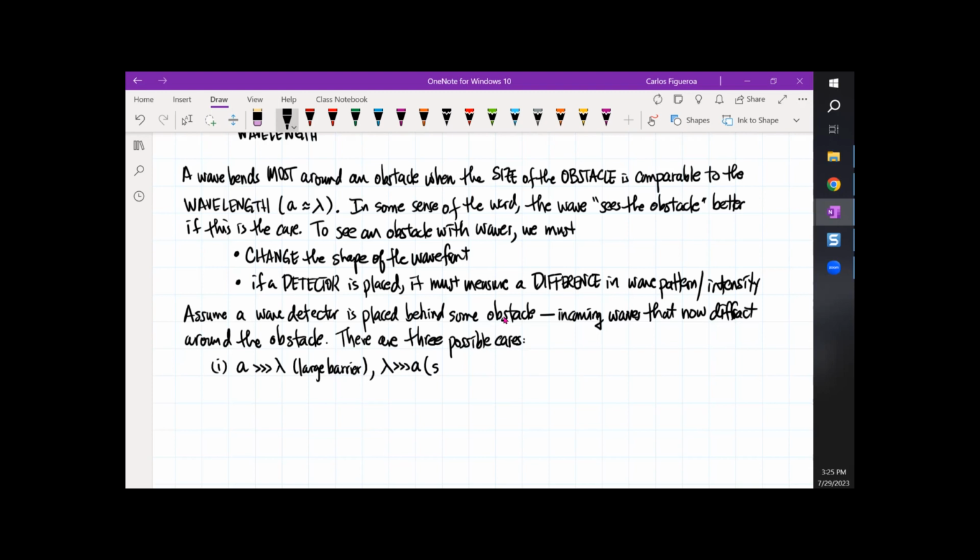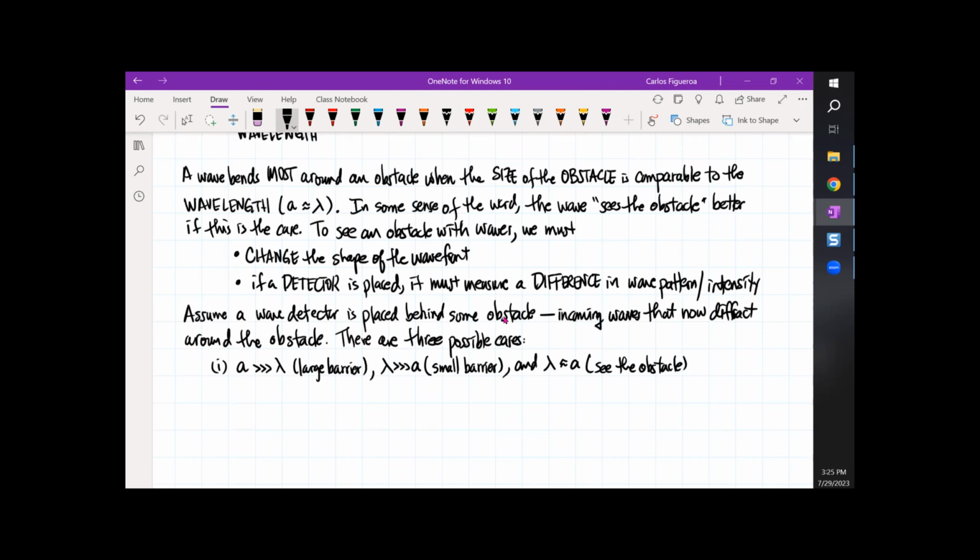This tells us that we have a very small barrier. And then finally, we have the wavelength comparable to the size of the object. So what this tells us here is that we really see the obstacle in this situation.